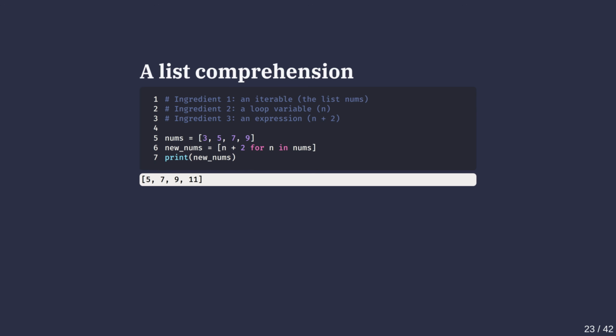A list comprehension always has 3 pieces working together: an iterable, in this case the list, which is nums; a loop variable, which is n, that represents each element from nums; and an expression, n + 2, that defines how each element should be transformed. The result is a new list without writing extra for loops or append calls.